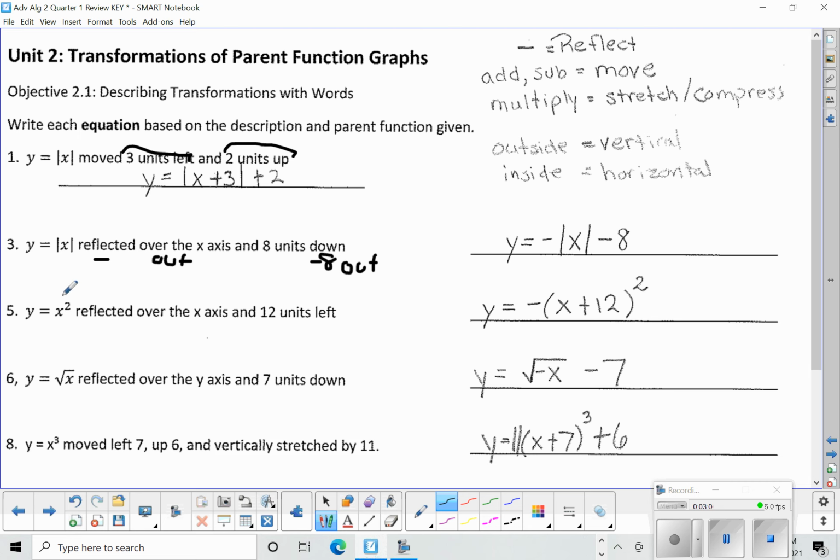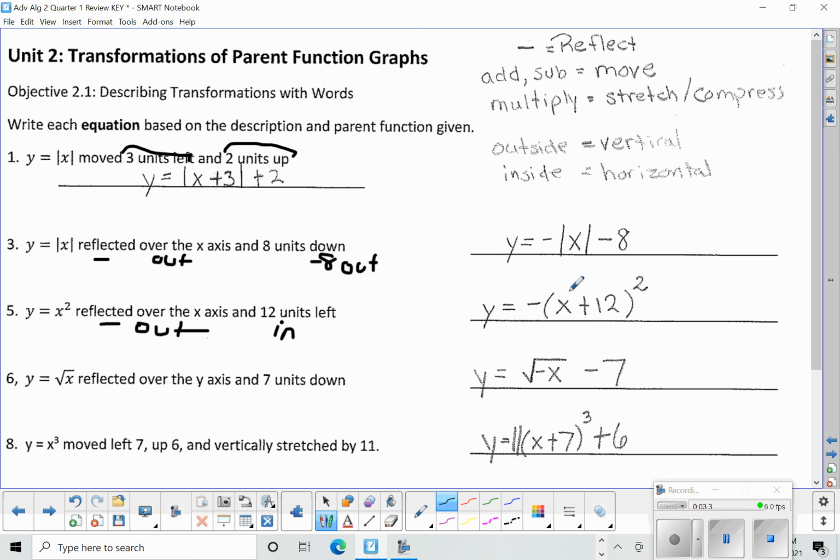Number 5, y equals x squared. Now I'm using a quadratic. This is going to be reflected over the x-axis. So again, I'm going to think negative, outside, and 12 units left. This is going to be inside. So my negative is on the outside. Well, if I just have x squared, I don't have an inside or outside.